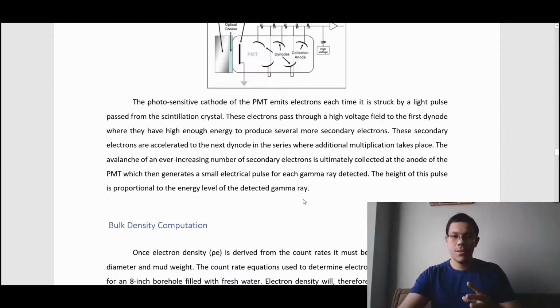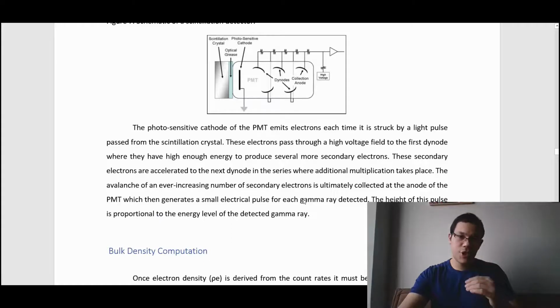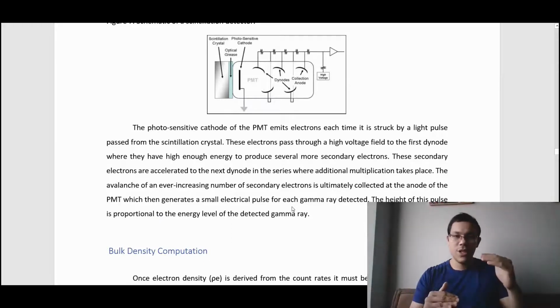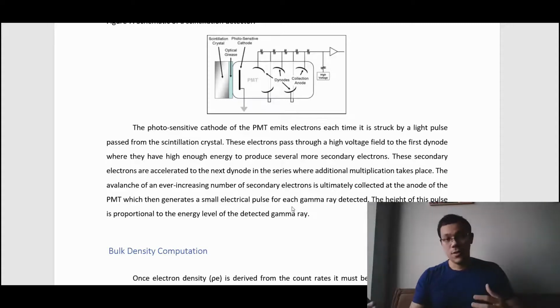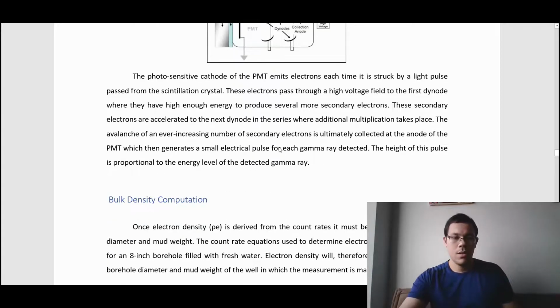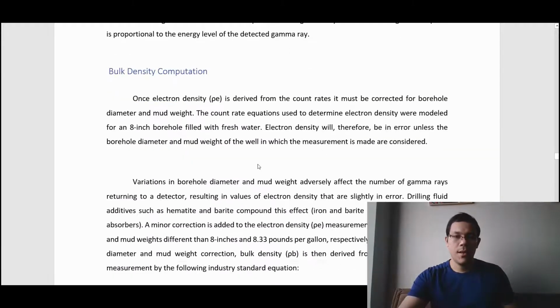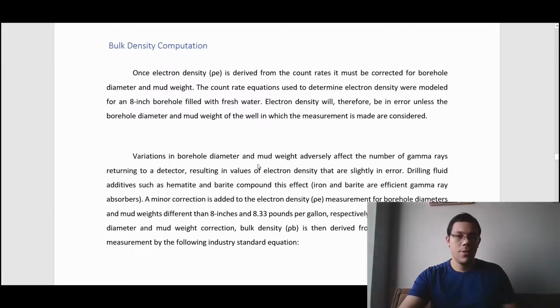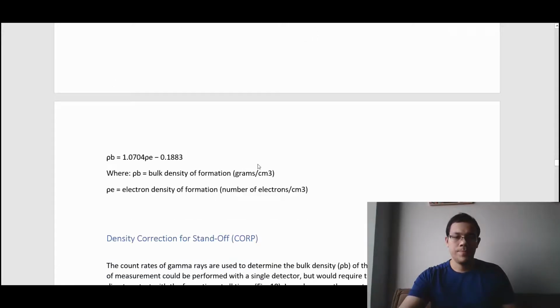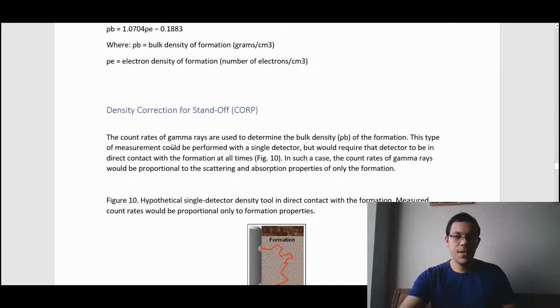And this is what makes the separation between different energy levels. This is what converts a gamma ray to a voltage that will help us determine lithology and porosity. This is one more time the formula.